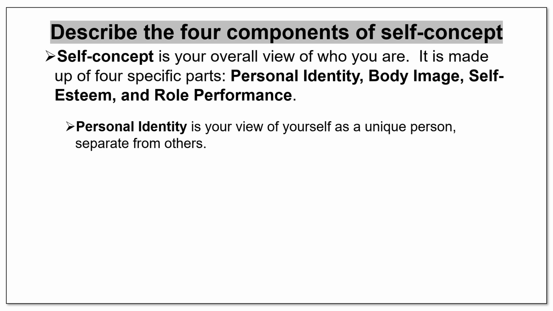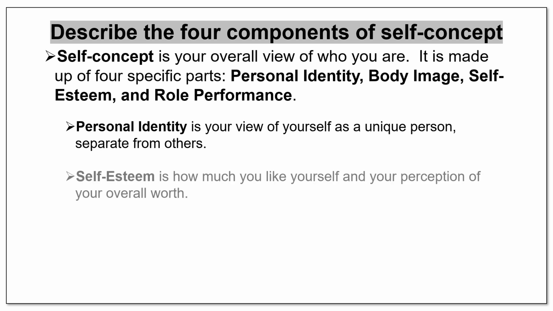For example, a patient saying, "I'm a retired railroad engineer," is expressing their identity, the qualities and experiences that make them who they are. Second is self-esteem. This reflects how much a person values and accepts themselves. Low self-esteem can make a person more vulnerable to stress or crises, like when someone experiences repeated failures such as unsuccessful fertility treatments.